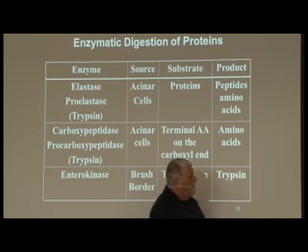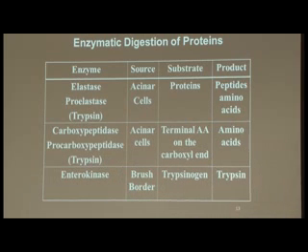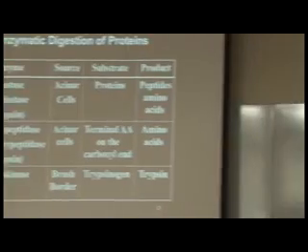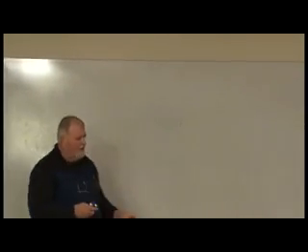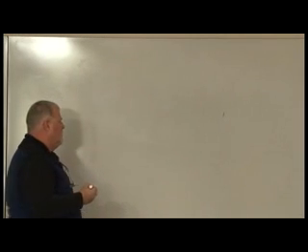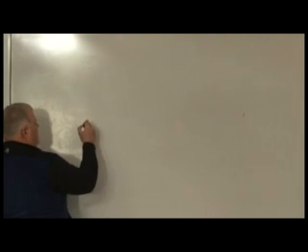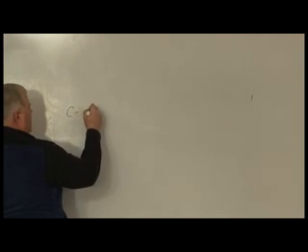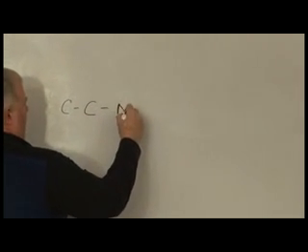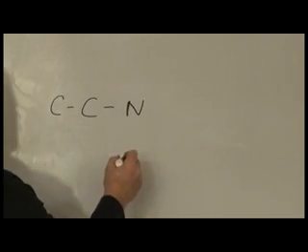And so to understand that, what we have to do is look at the chemical pattern of an amino acid, the structure of an amino acid, and then recognize how amino acids are put together to form a protein. So the basic chemistry of an amino acid is a building block of carbon, nitrogen.